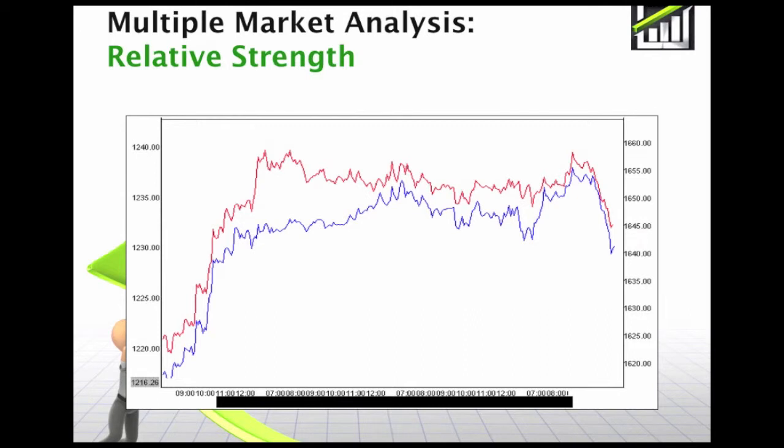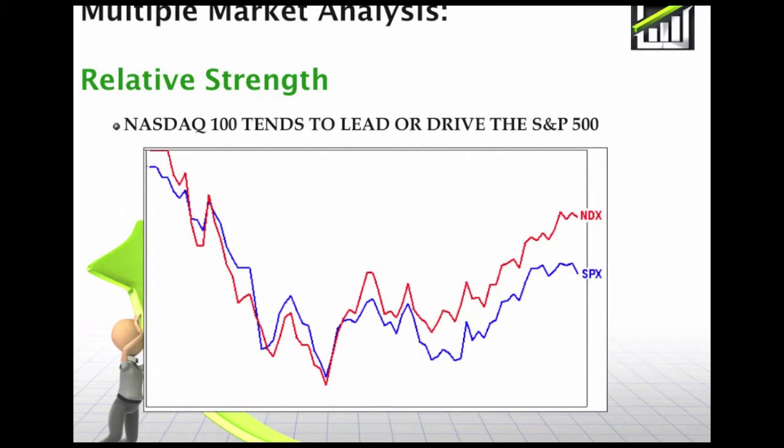The other thing we look at is relative strength, and this is what we were talking about earlier. If you look at the red line here, the red line is going to be the NASDAQ. So the NASDAQ is pulling up the S&P. When the NASDAQ gets weak, it drives the S&P down. Okay. Now, again, same basic correlation. You'll see how there's a couple of divergences here, but you'll notice the correlation change, which I'm just going to show you in just a second.